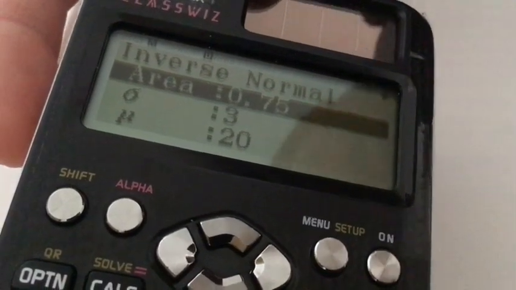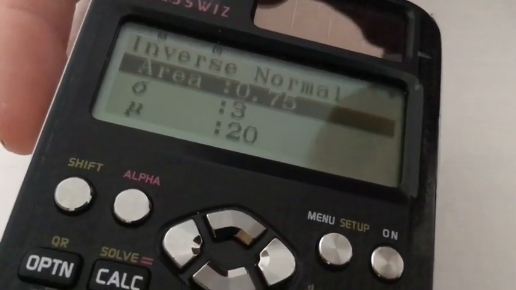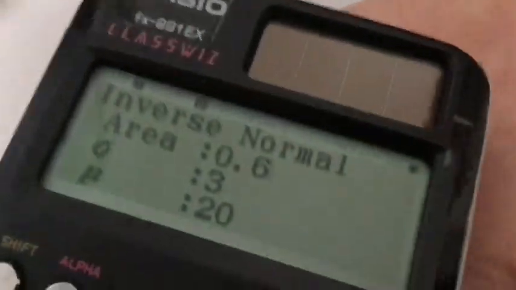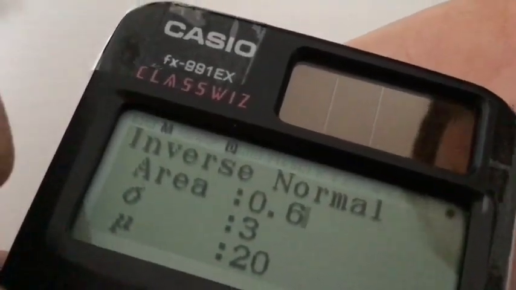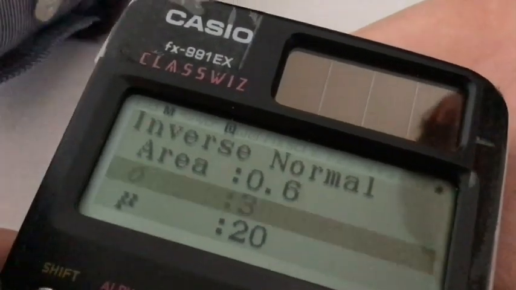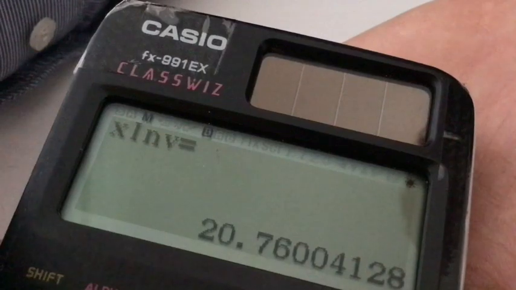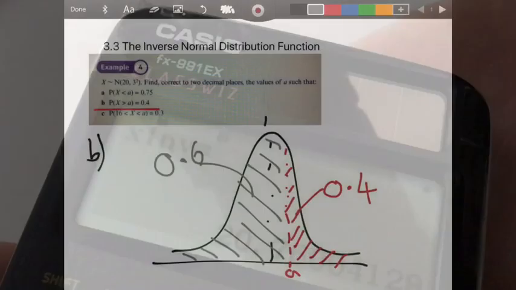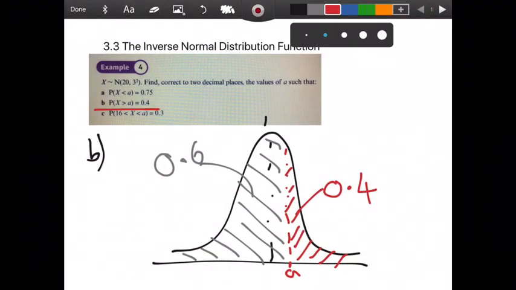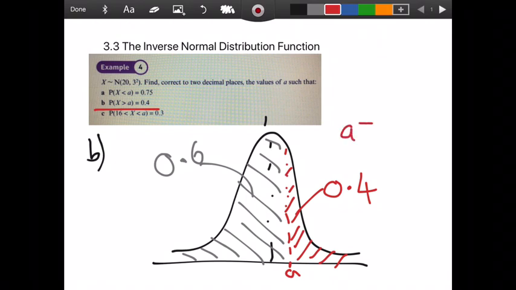So I'm back on the inverse normal function on my calculator, but this time I need to put in 0.6, and my standard deviation is still the same, my mean is still the same, and I get 20.76 as my answer. So according to my calculator, A equals 20.76.